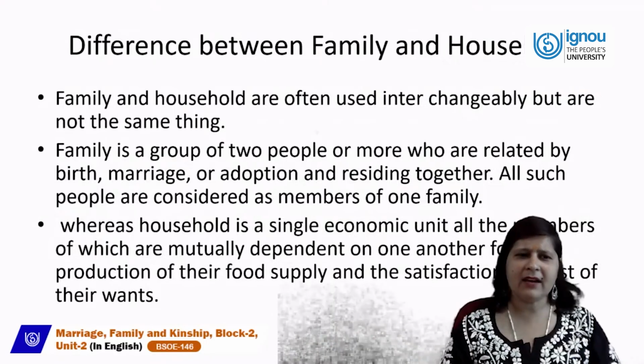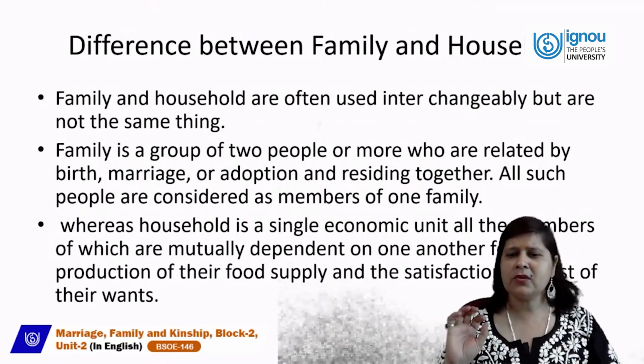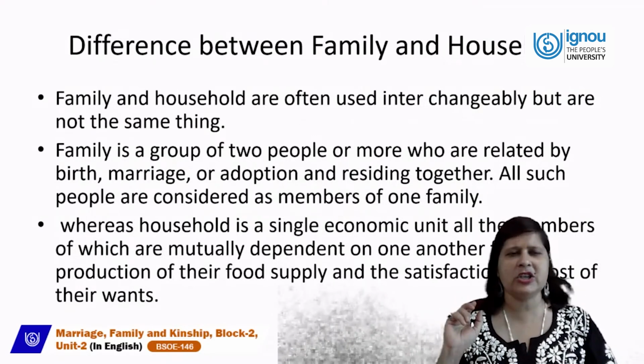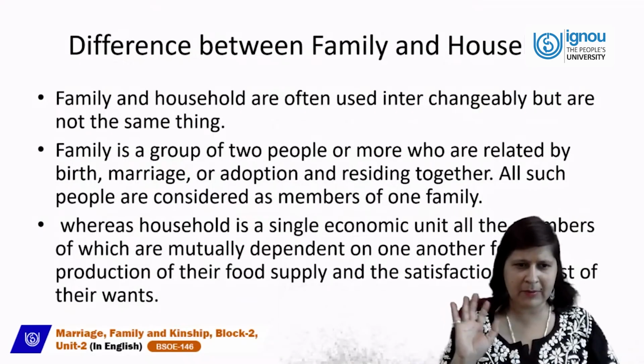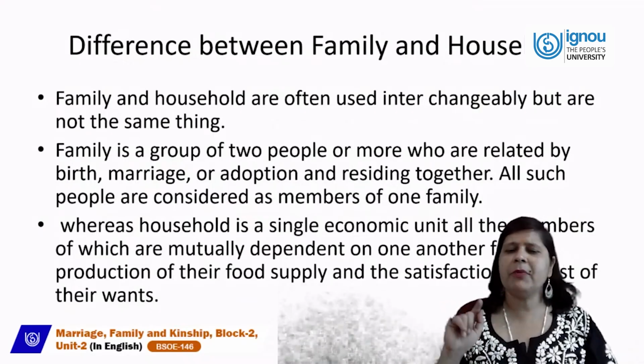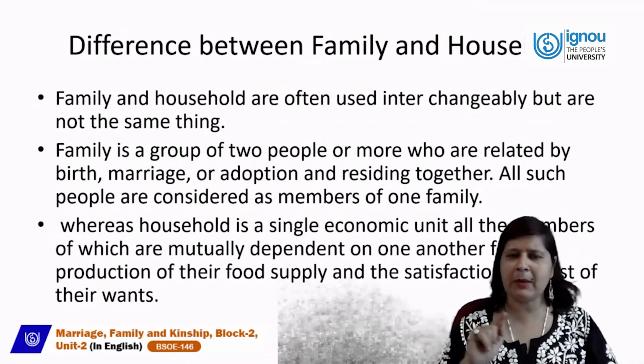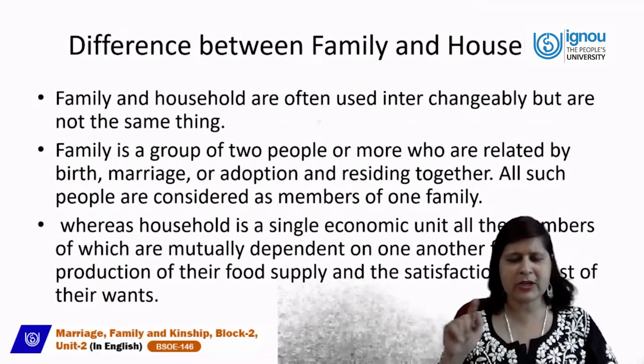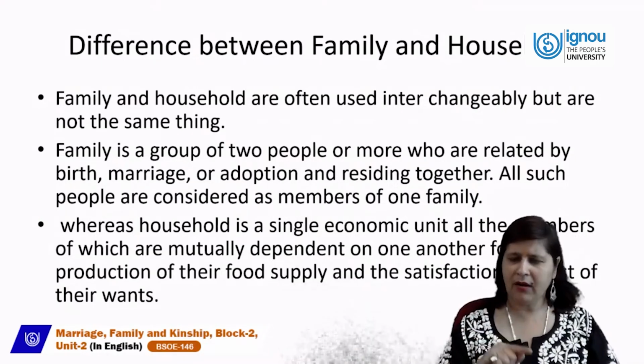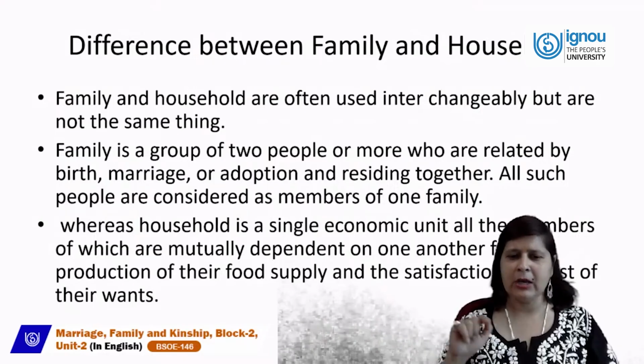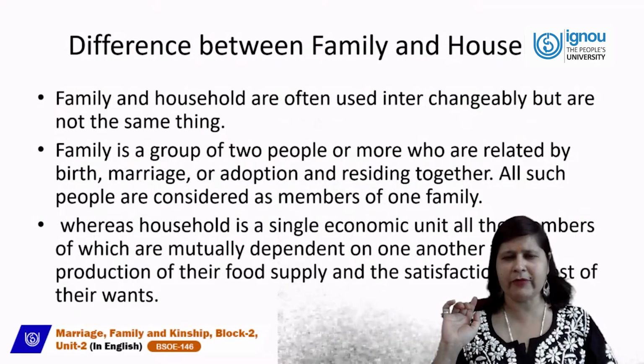Difference between family and a household. Family and household are often used interchangeably, but they are not the same thing. Family is a group of two or more people who are related by birth, marriage, or adoption and residing together. All such people are considered a member of one family.